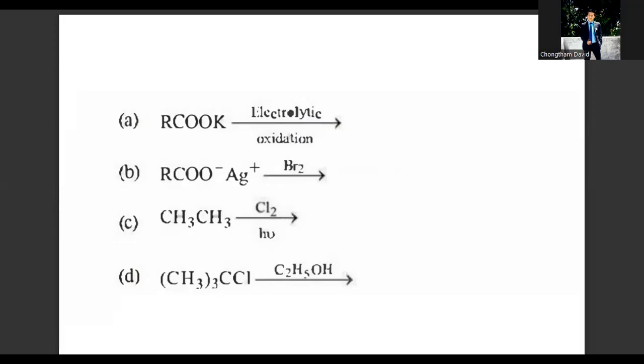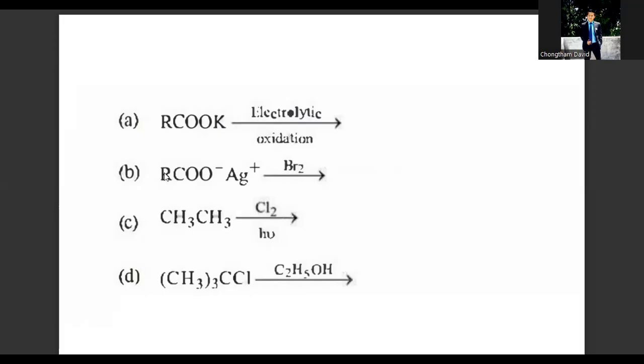So potassium will go to the cathode. It gains electrons and gets reduced to potassium. And this potassium will again react with water and form potassium hydroxide. Whereas at the anode, carbon dioxide gas will be released along with alkane.